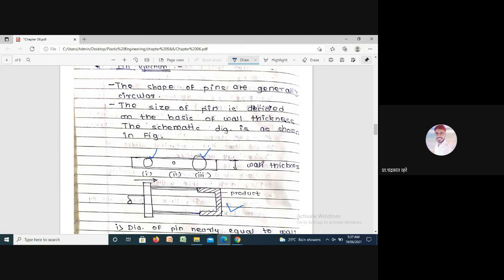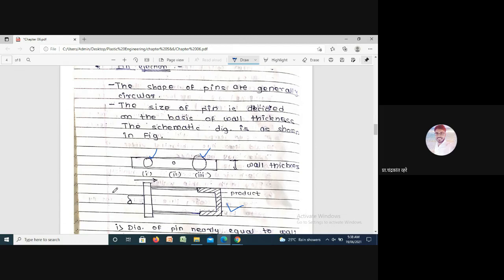Suppose our product has a wall thickness of 2 mm, then these pins must have a diameter of 2 mm.